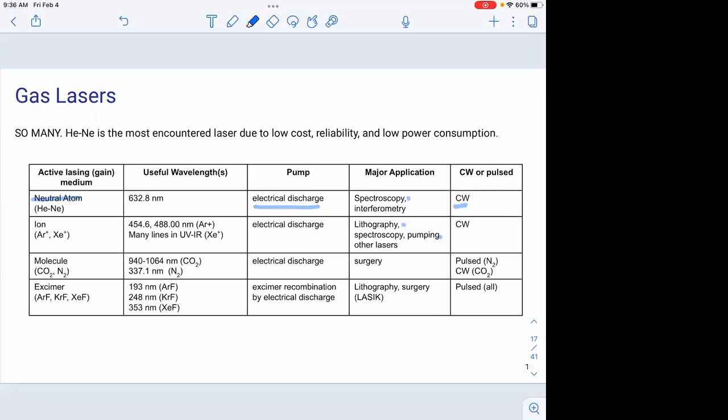The realistic usefulness here is that it's low cost, it's reliable, and it uses low power. Probably the usefulness there is because you're not using any sort of optical pumping. So a lot of these are useful and can be applied in many instruments.